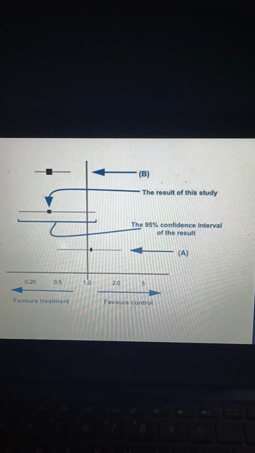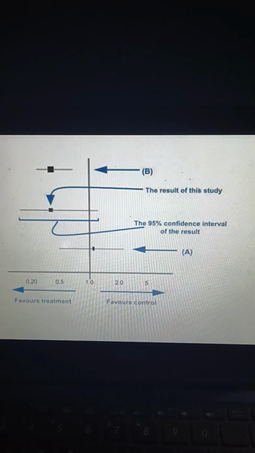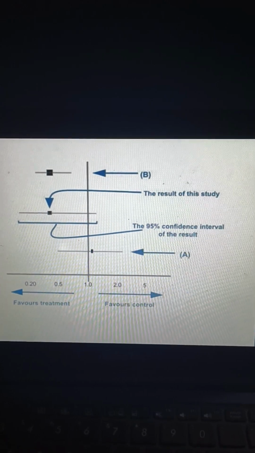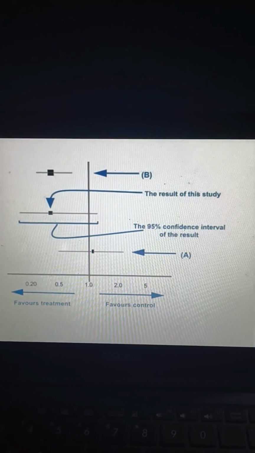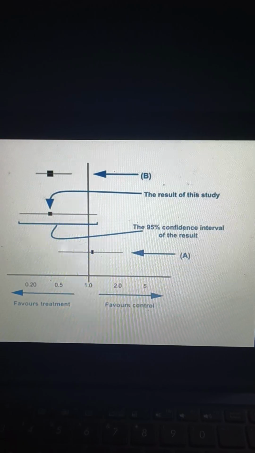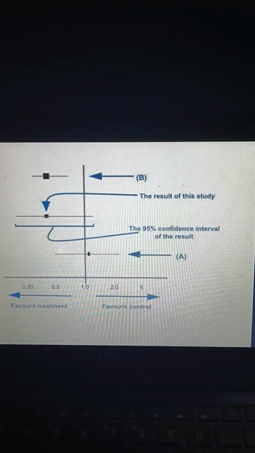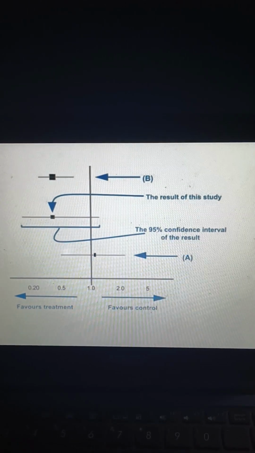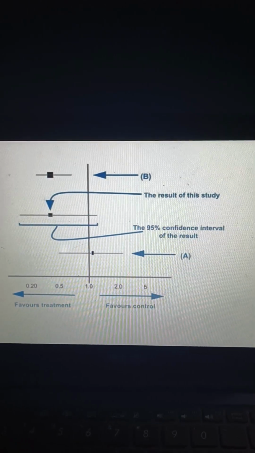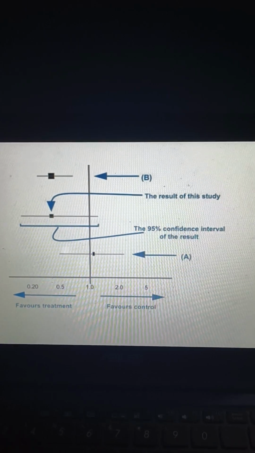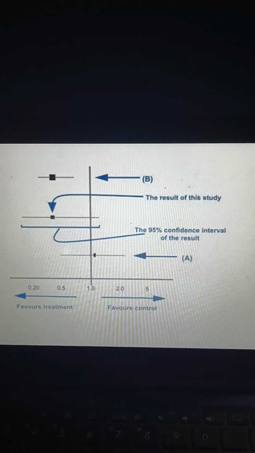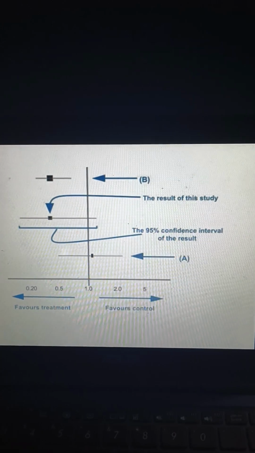This shows the different studies, and the result of each study is shown by the square, and the 95% confidence interval of the result is shown in the figure. From 1.0 to 0.20 it favors the treatment arm, and from 1.0 to 5 it favors the control.